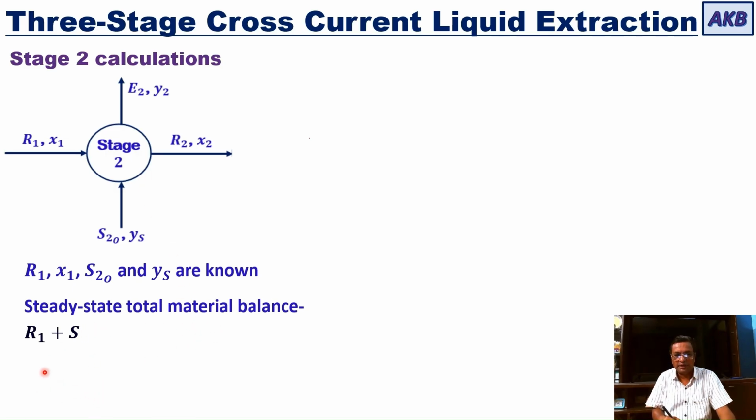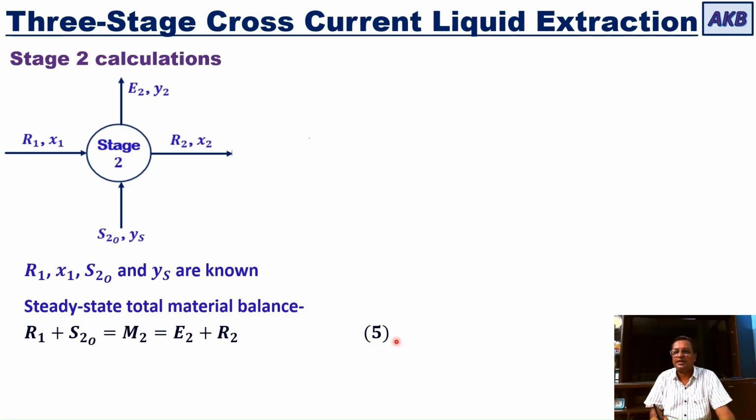It will be written as R1 plus S20. Raffinate is mixed with solvent, so R1 plus S20 will form a mixture whose mass or mass flow rate is M2, and then it will separate into raffinate and extract phases. Therefore, the steady state total material balance is R1 plus S20 equals M2, which equals E2 plus R2.